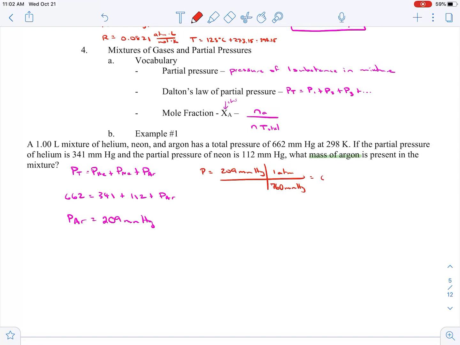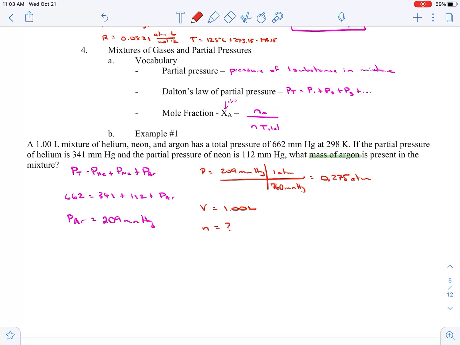That's going to give us 0.275 ATM. Then we have V, our volume, and we know it's in a 1 liter mixture. Do you think we need to worry about the fact that we have 1 liter of argon, but we also have other stuff in there? No, because gases take the shape of the container.